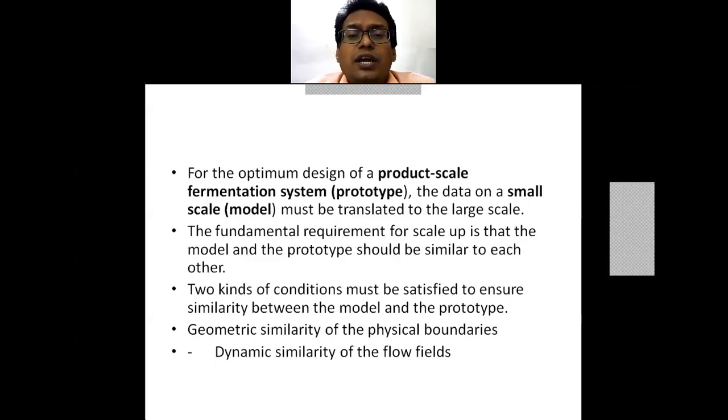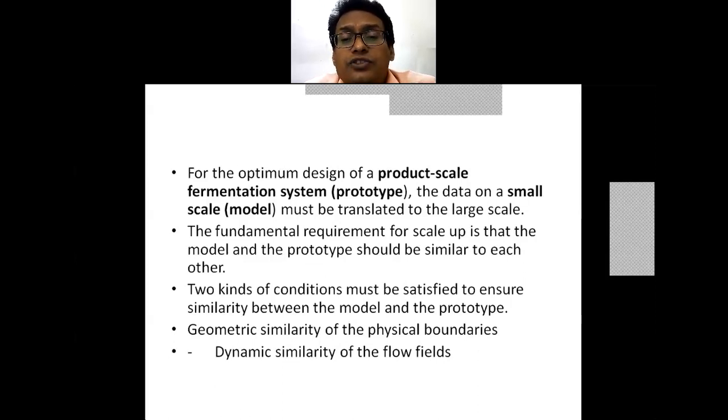So for the optimum design of a product scale, say for example the fermentation system, which is the prototype, the data on a small scale, that is the model, must be translated to a large scale. The fundamental requirement for scale up is that the model and the prototype should be similar to each other. That is the basic need, the basic purpose. Then and only then you will get the desired output.